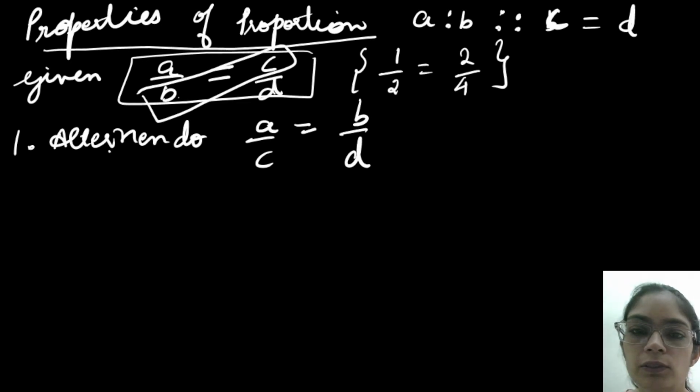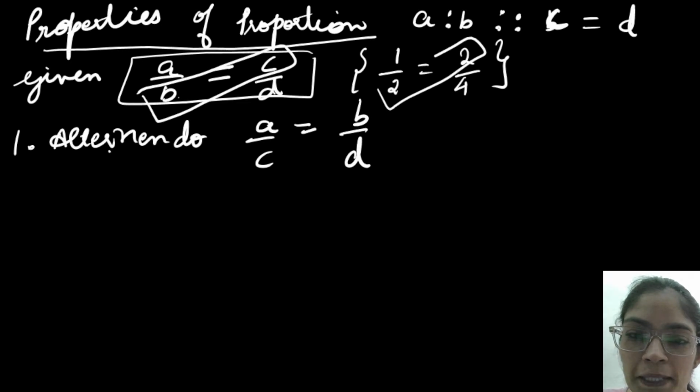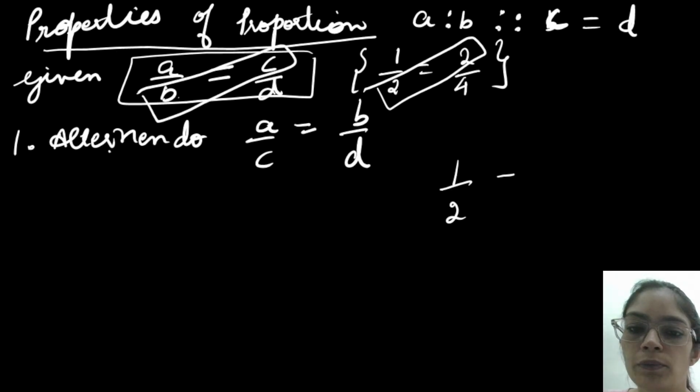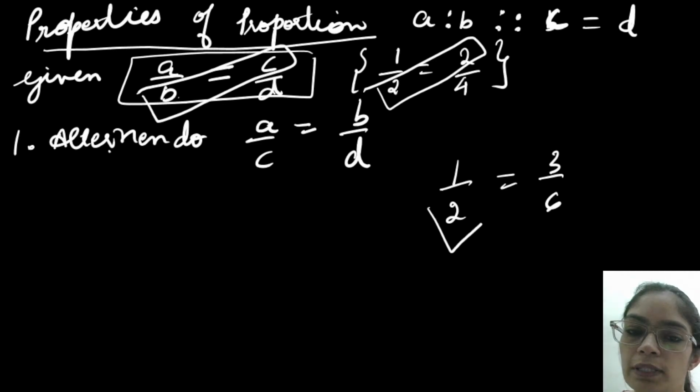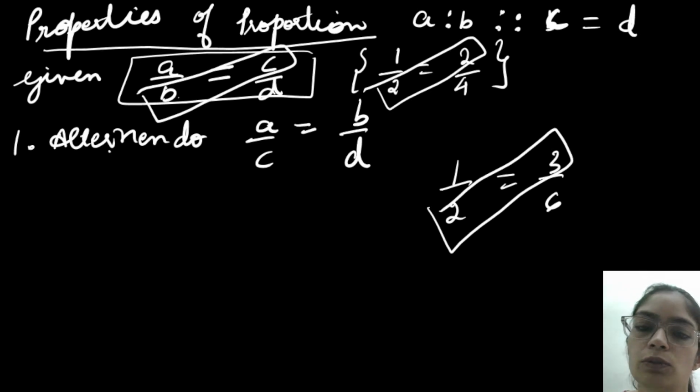Why haven't I used this one? Because here both the numbers are 2 only, so any other number we can take. If you have 1 by 2 is equal to, let's say, 3 by 6, I'm just giving you one example. These two we can interchange. What will this become?